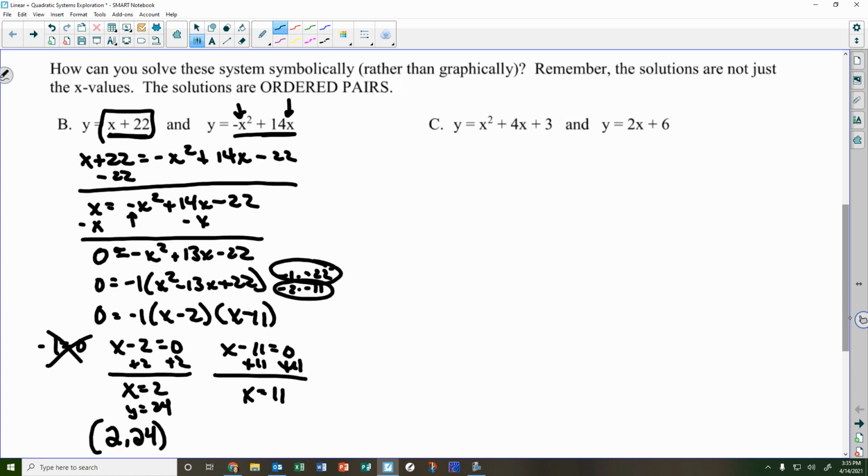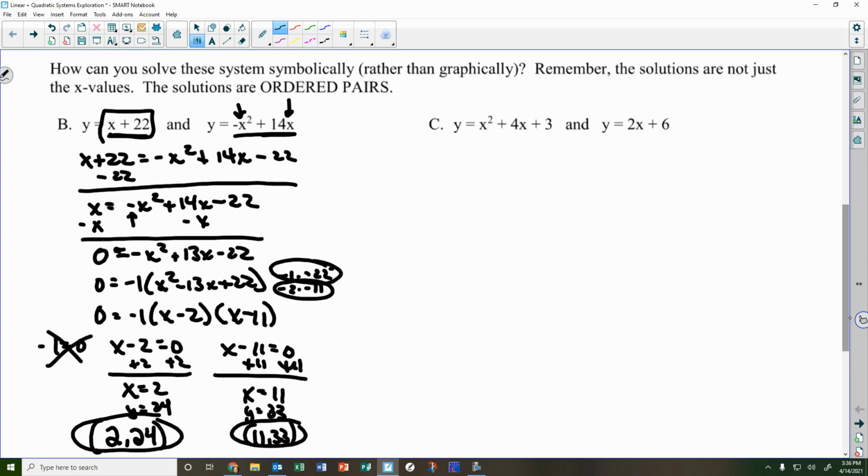And 14 times 11 is 154. When I subtract 121 from 154, I get 33. So that happens to be that coordinate. And these are the two solutions to that.